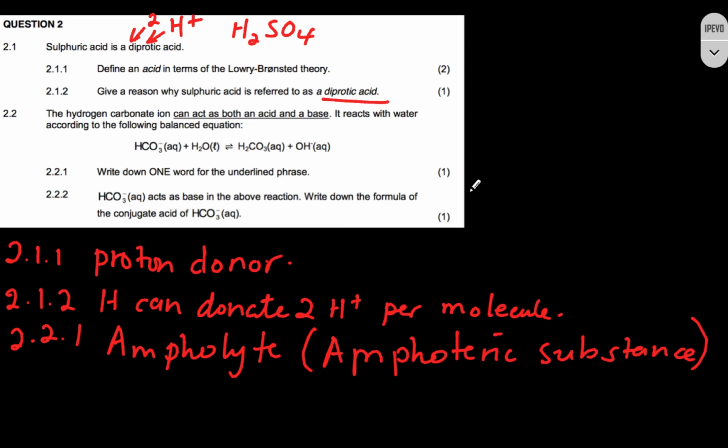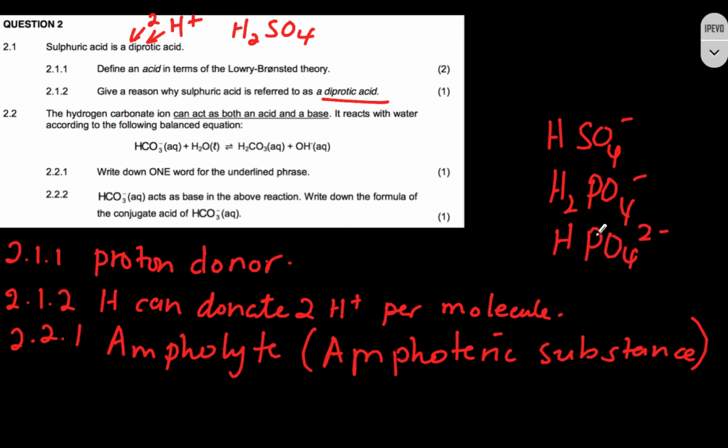For example, I can give you the one for sulfuric acid, this HSO4 minus, and then H2PO4 minus, even HPO4 2 minus. All these can act as ampholytes, and even water itself is an ampholyte. These substances can react with either acids or bases.